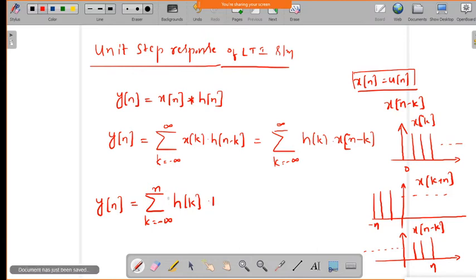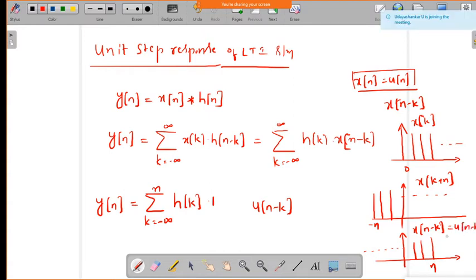Now, when is this valid? Whenever x of n minus k, which is nothing but the unit step function u of n minus k, is equal to 1, that is when n minus k is greater than or equal to 0, that is, k is less than or equal to n. If k is less than or equal to n, then you get the value 1, that is u of n minus k equals 1.